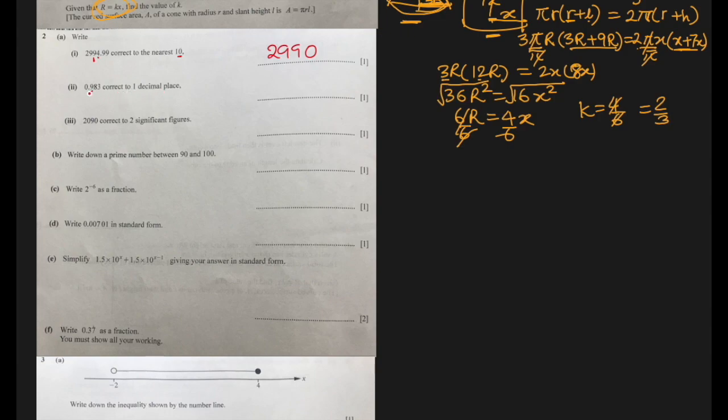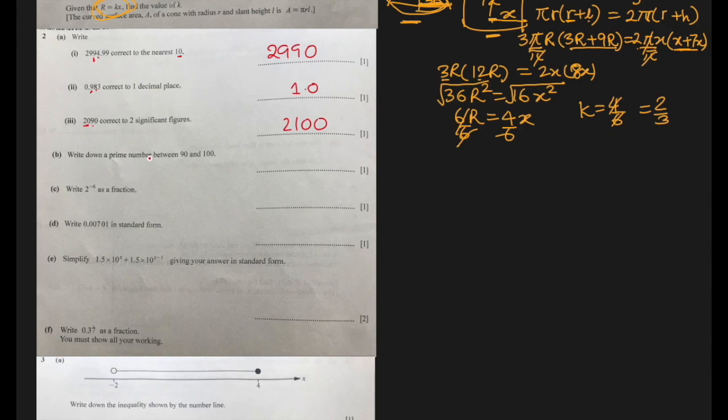So this is one decimal place, this one. So I'll look at the next one, which is 8, which will make this 9 as 10. So it will become 1.0. 2090 correct to two significant figures, that means only these two. I will look at this 0, but to round off 0, I will look at 9. Now we will make this 0, 1. So the answer is 2100.